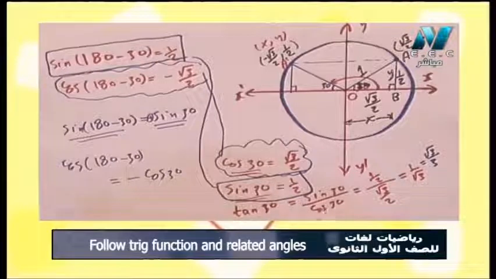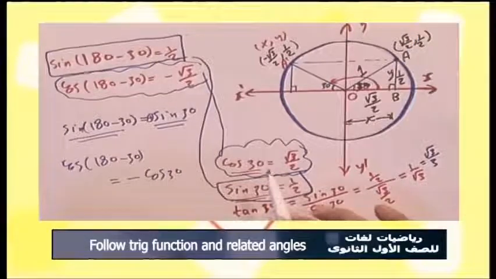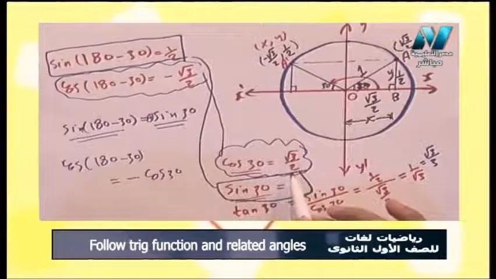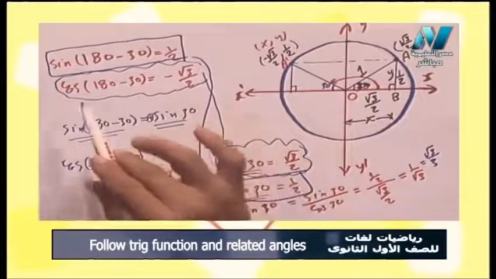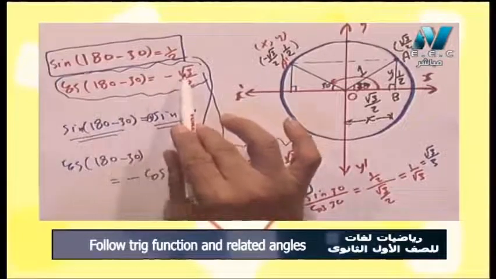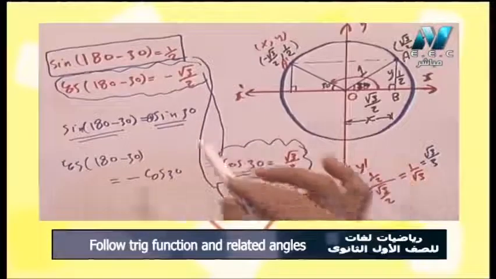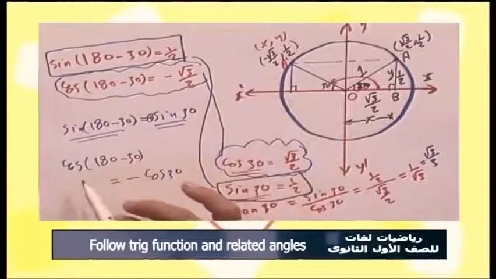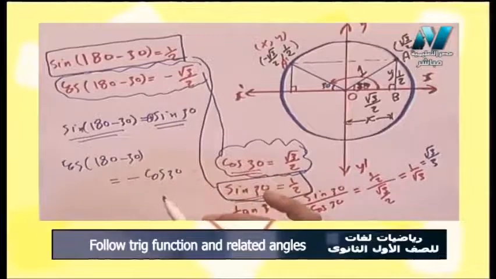Yes, of course, because cosine 30 is positive root 3 over 2, and cosine 180 minus 30 equals negative root 3 over 2. So one of them equals the negative of the other.